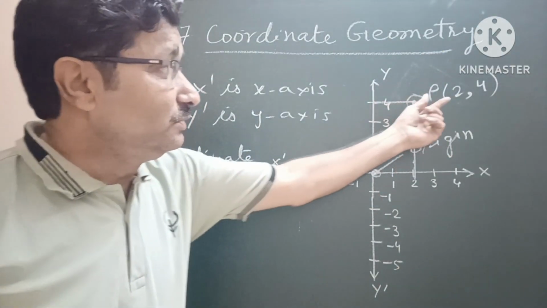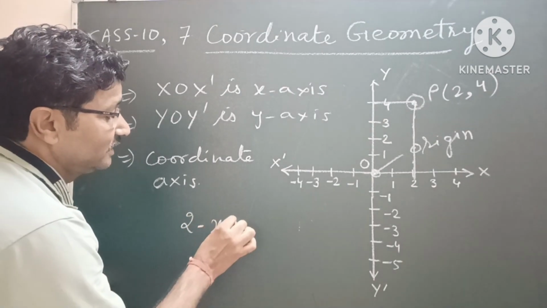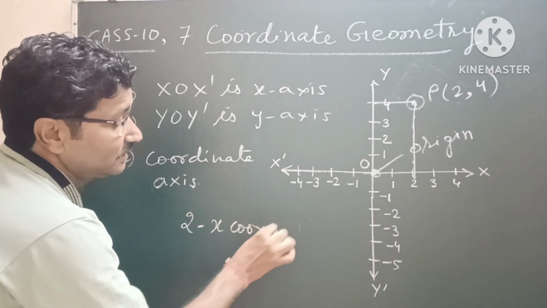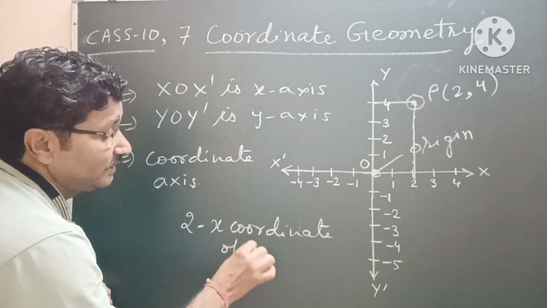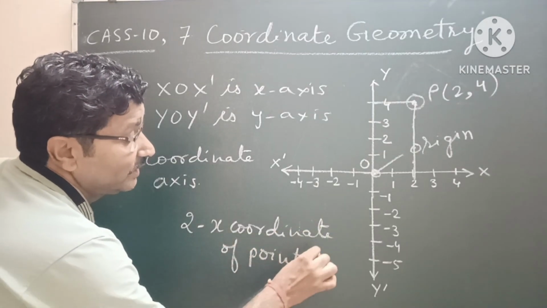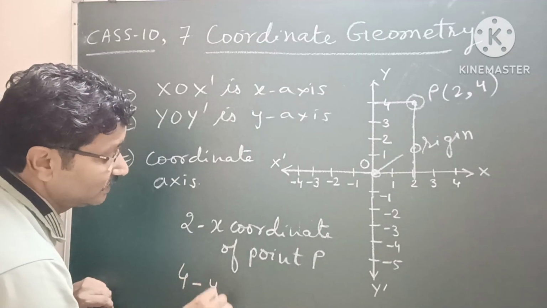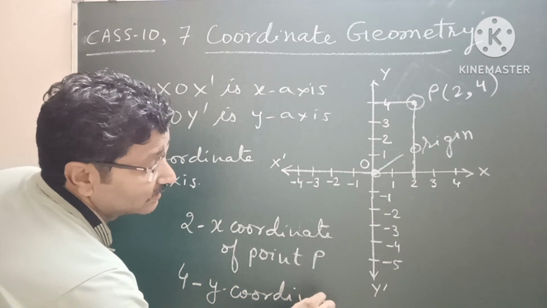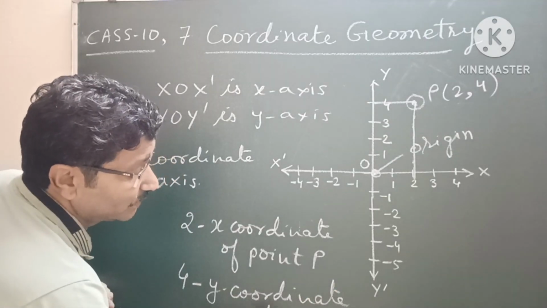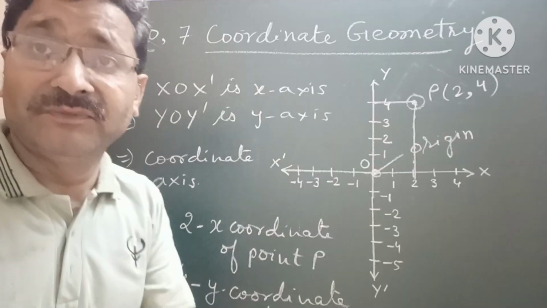Okay, this 2 is called the x coordinate of point P, and 4 is called the y coordinate of point P. These are called the x coordinate and y coordinate.